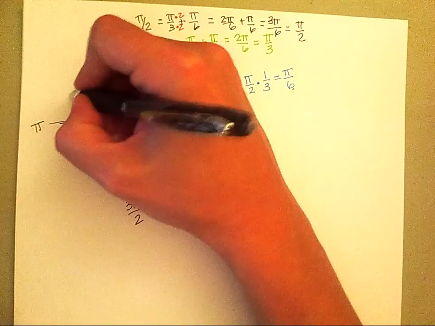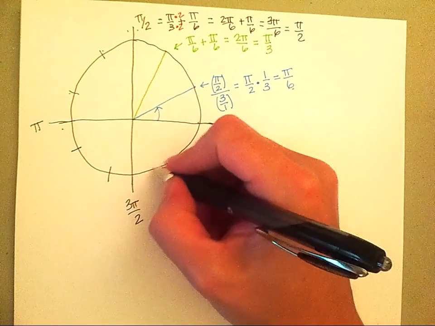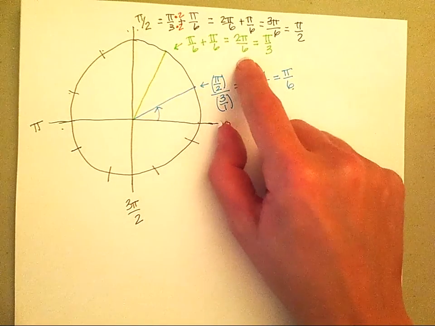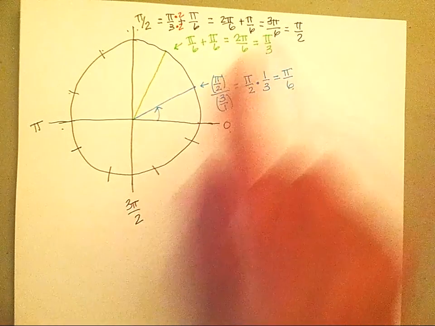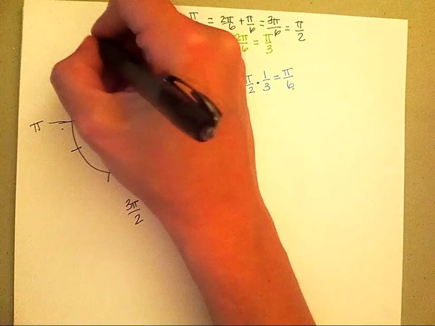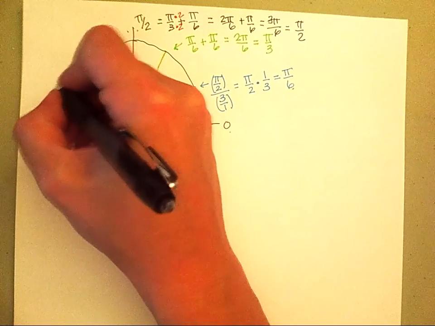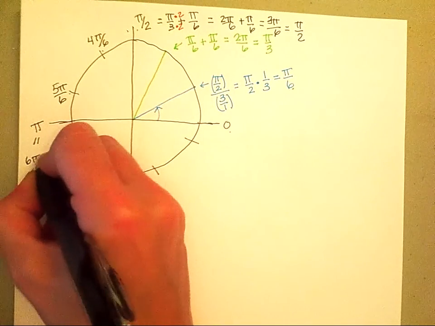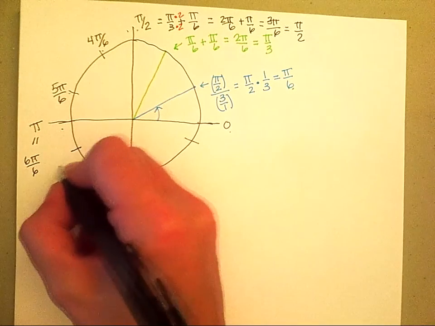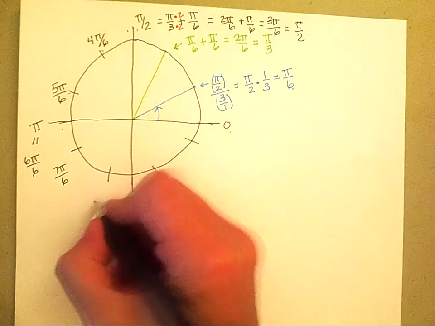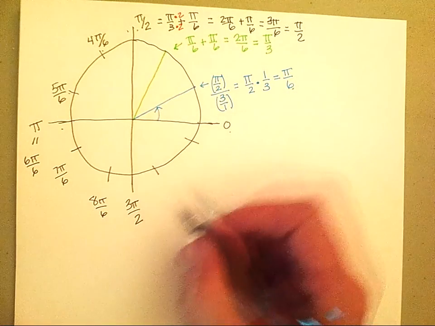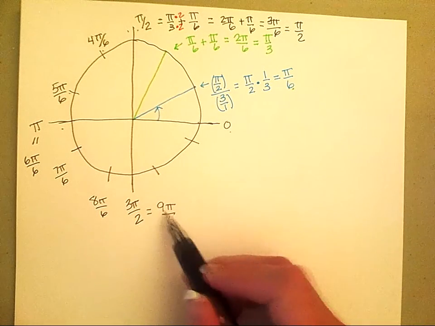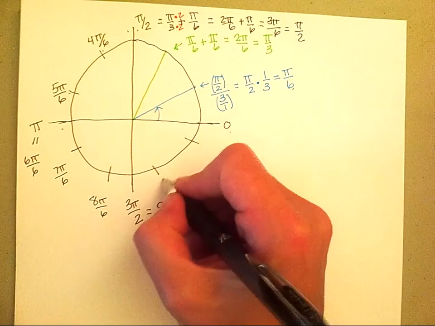So that's going to help us find these other points as well. Let's just count it out. If this is 1 pi over 6, this was 2 pi's over 6, this is 3 pi's over 6, this one has to be 4 pi's over 6, this is 5 pi's over 6, pi is just 6 pi's over 6, 7 pi's over 6, 8 pi's over 6, this is 9 pi over 6, okay, because this just reduces to 3 halves.